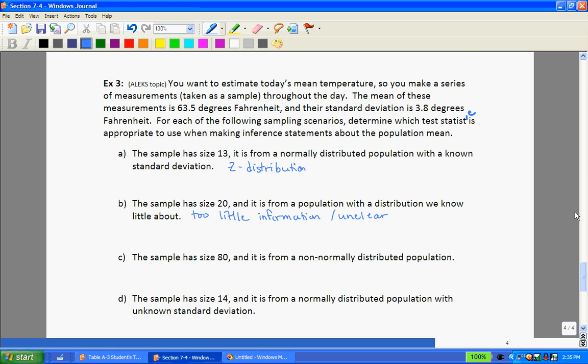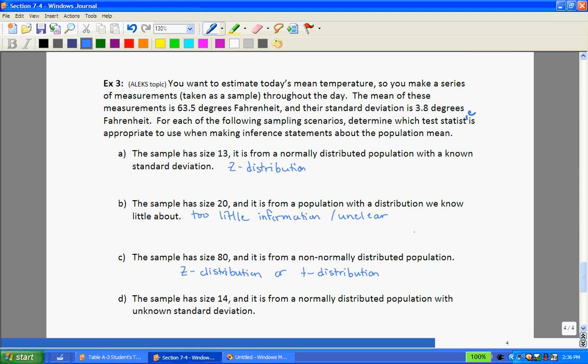So since it's larger than 30, then I would use the z test. But because we don't know the standard deviation, I could also use the t-test. So this one could be z distribution or t distribution.